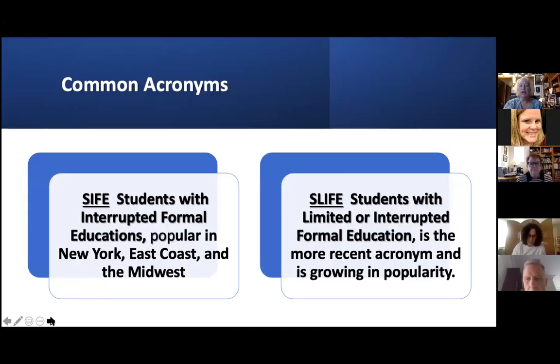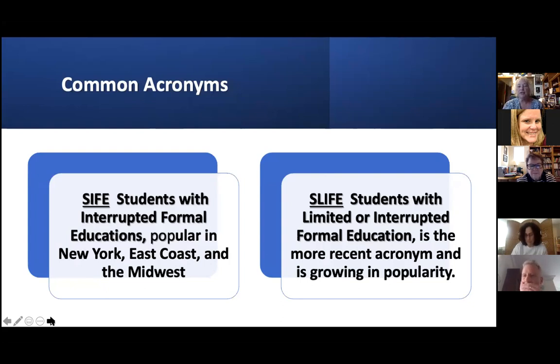So we're interchangeably using these two terms. SIFE is the older of the two terms. It stands for Students with Interrupted Formal Education. I think it came from New York. I'm not sure who created that term in the first place, but that's where I first heard it. It's used predominantly in New York, the East Coast, and in parts of the Midwest.